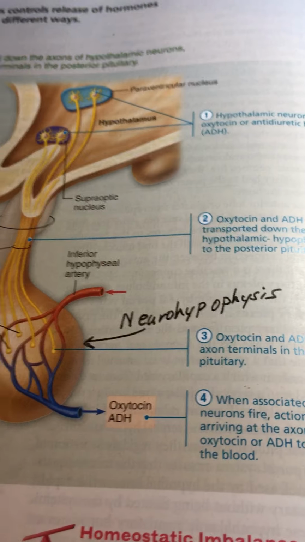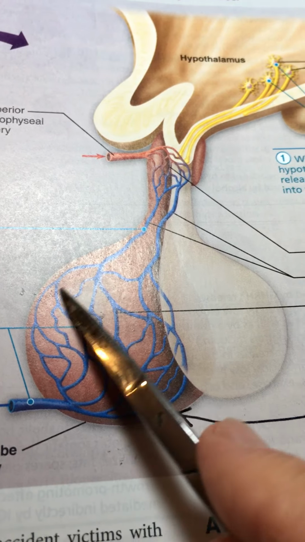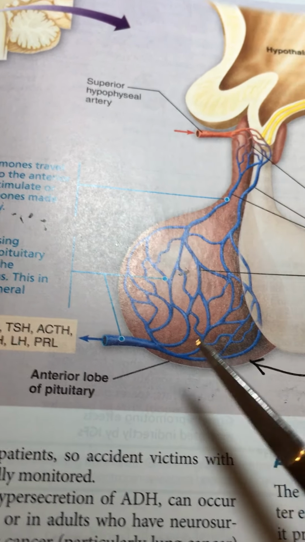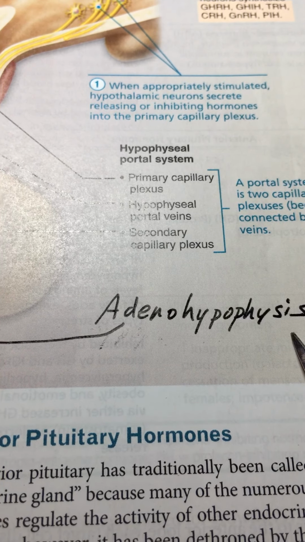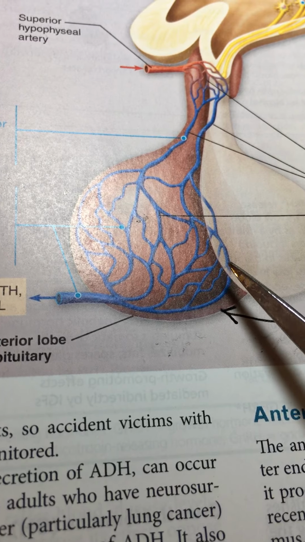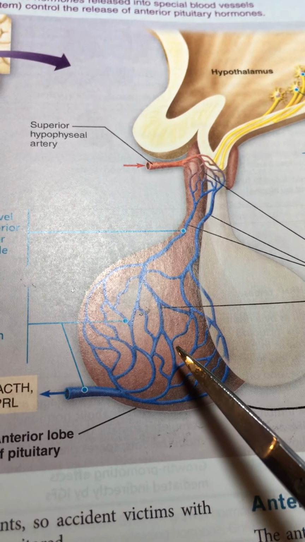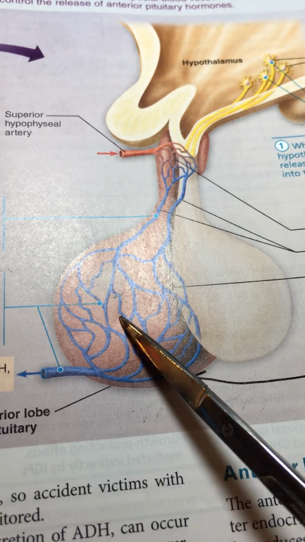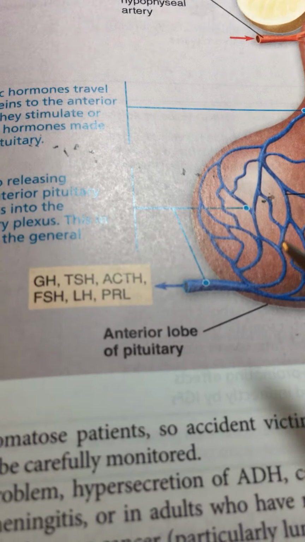Then we move on to the anterior aspect of the pituitary. So same organ, but it's the anterior lobe. The anterior lobe goes by the name adenohypophysis. So the pituitary itself is sometimes referred to as the hypophysis. Neurohypophysis, adenohypophysis, posterior, anterior lobe.